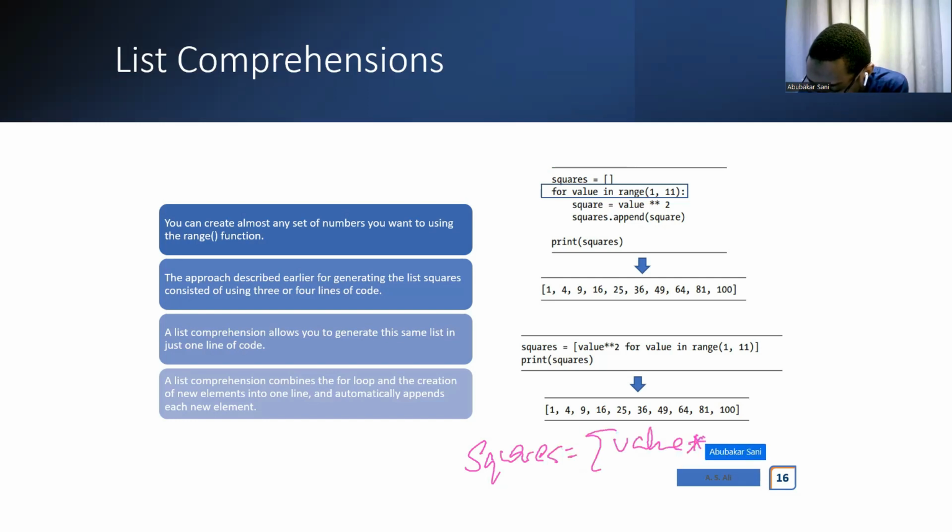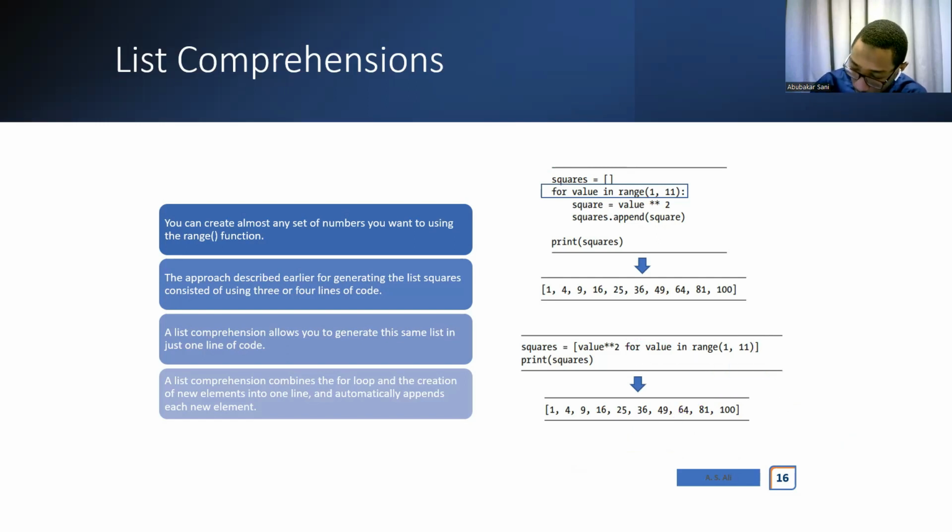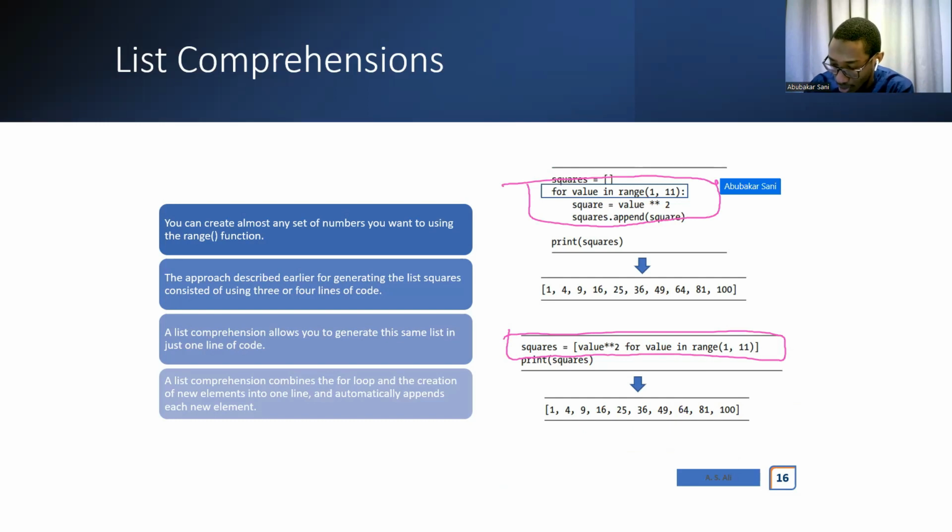So where do we get the value? This value element is now going to be generated from the for value in range 1 to 11. So this value is going to be getting its number from there. And with this simple line of code, you have simplified all these lines into just one line. And you can print squares and you will see the result will be the same.